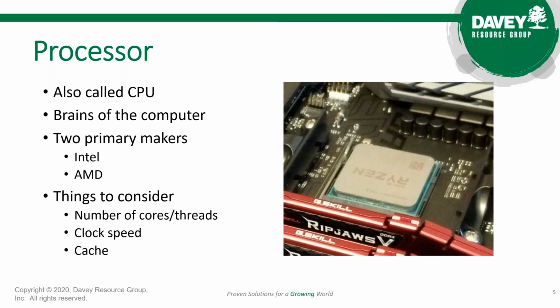ArcMap is only going to use one. So even if you get the low end 5600X Ryzen 5 processor, even though it has 6 cores, ArcMap is only going to be able to use 1 core and 1 thread on that.